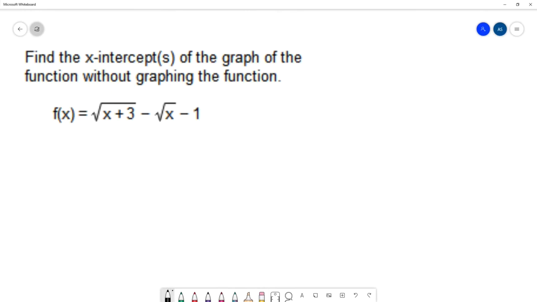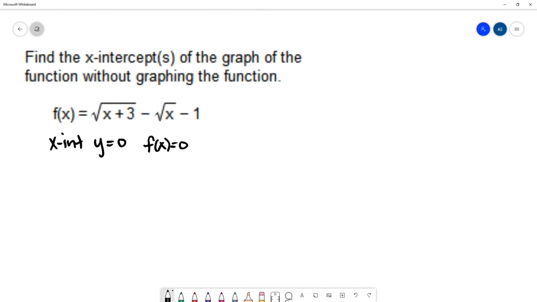We can find the x-intercept by letting y equal 0. Now this is written in function notation, so you don't see a y. But we have to remember that f of x is the same thing as y. So we're going to find the x-intercept by letting f of x equal 0.